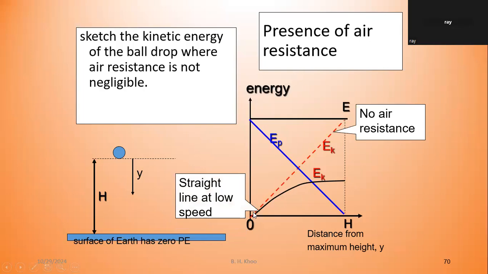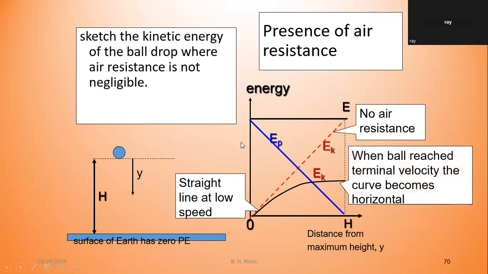It's quite a straight line near the start, when air resistance is very low and speed is very low. Then it goes further and further away from the line where there's no air resistance. After that, it becomes constant, where the ball reaches terminal velocity.